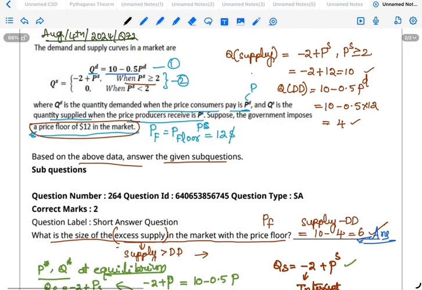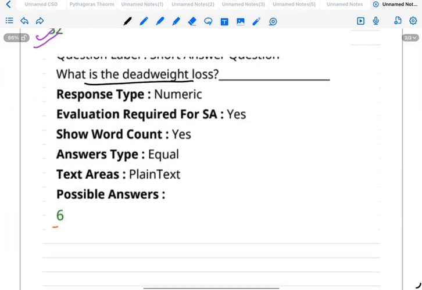What is the answer? Yes, the answer is correct.